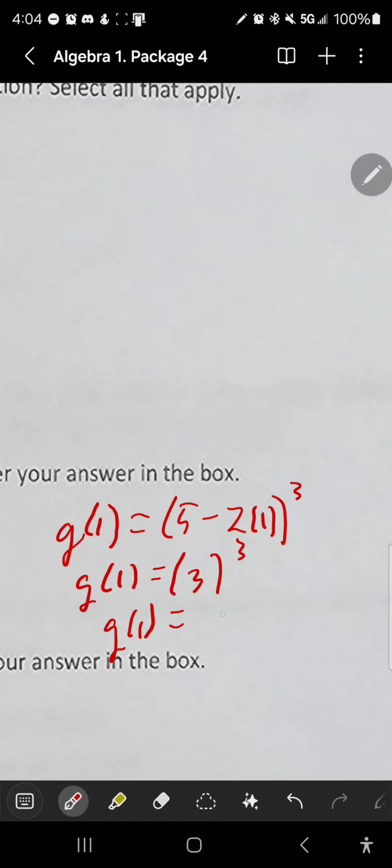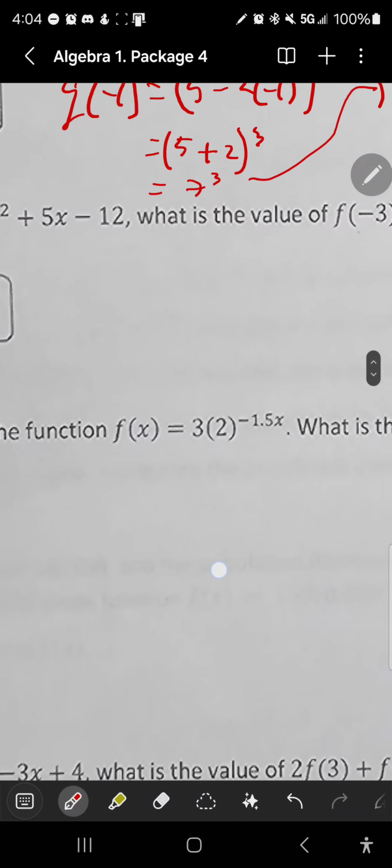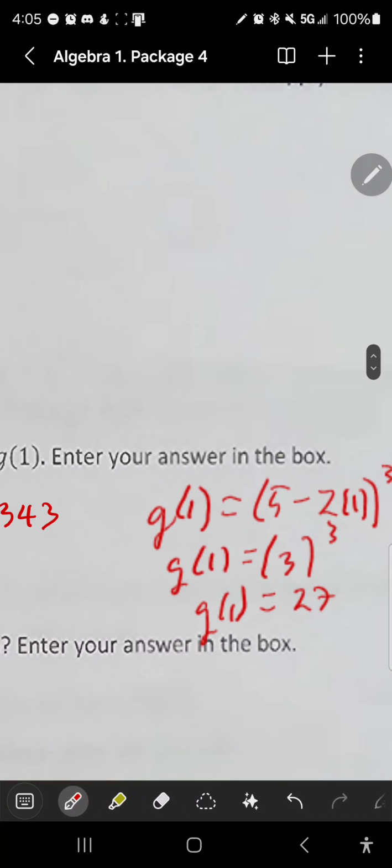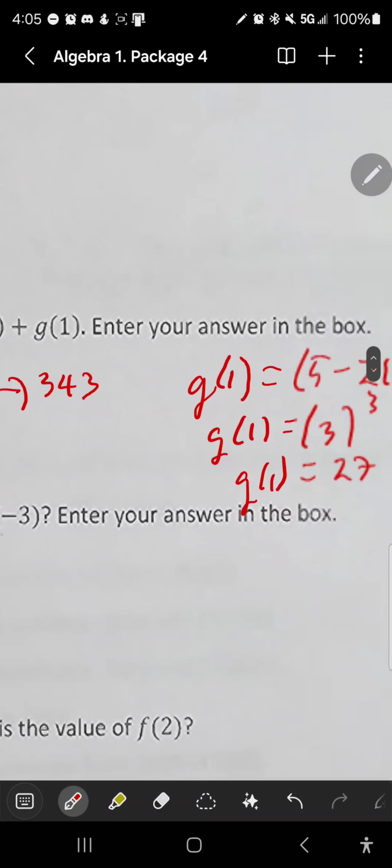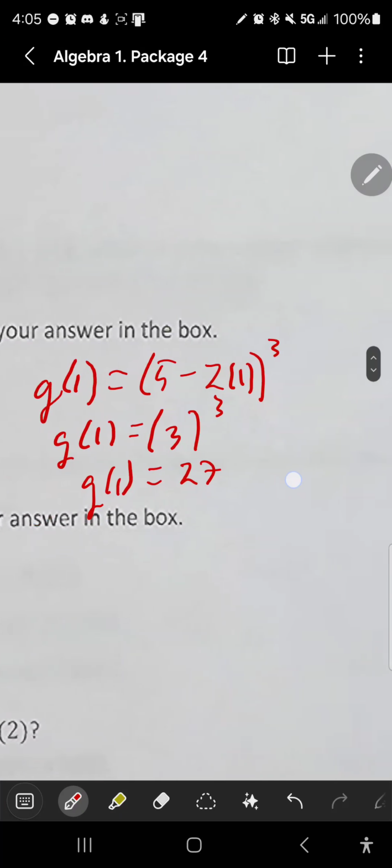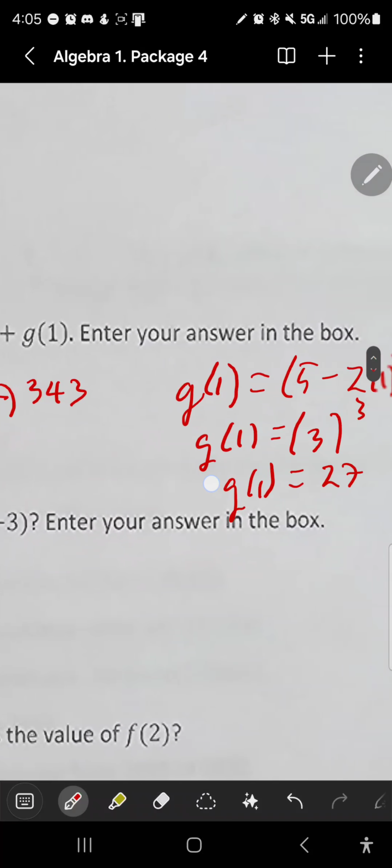3 to the third is 3 times 3 times 3, so 3 times 3 is 9, times 3 is 27. So that's our answer. But they are not asking for g(-1) and g(1). They're asking for the addition of the two, right? Yes.